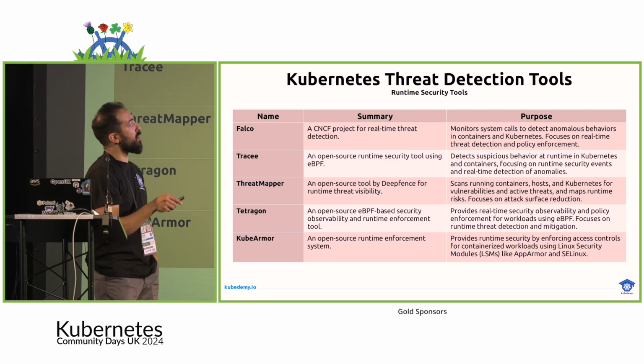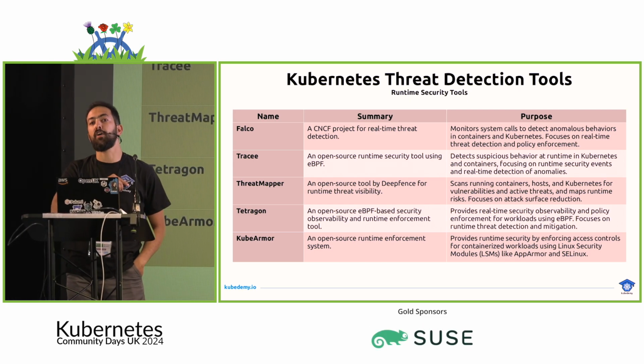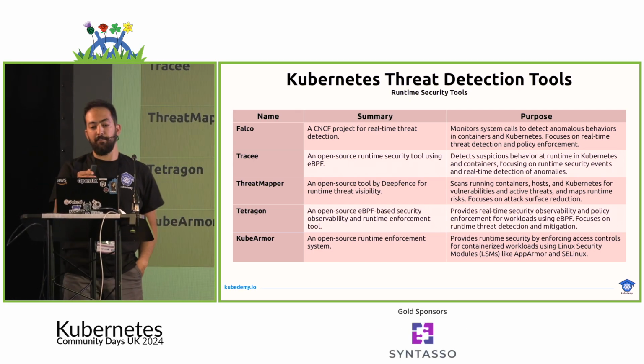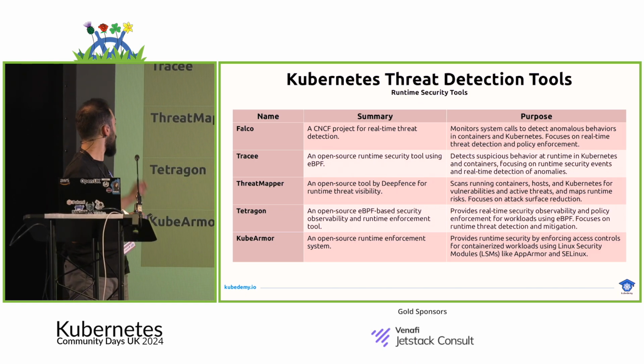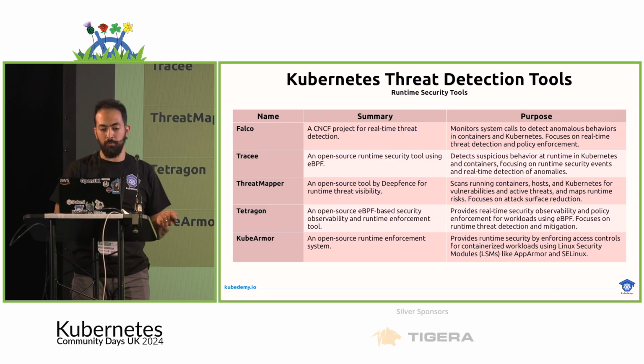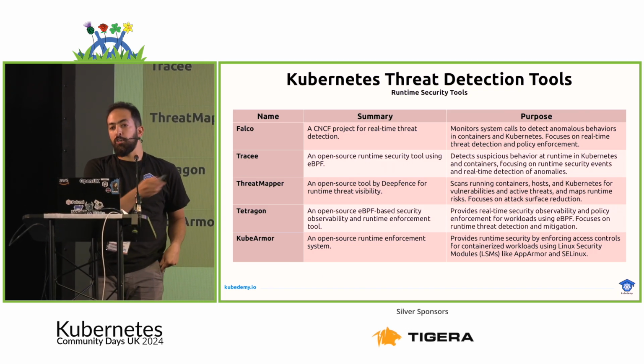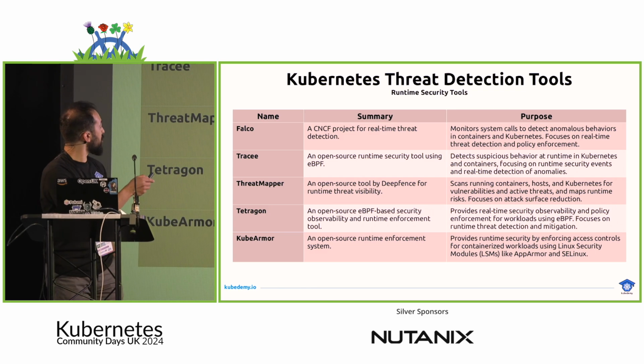In the case of Kubernetes threat detection tools, we've got lots of tools. For runtime security, we have Falco, Tracee, ThreatMapper, Tetragon, and KubeArmor. You can check the purpose and summary of each of them.